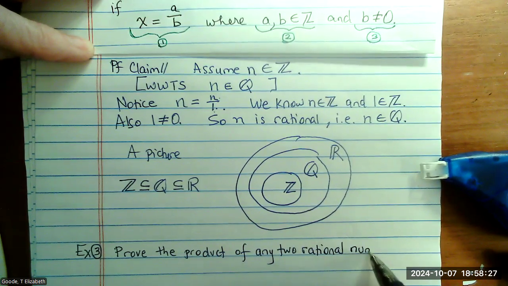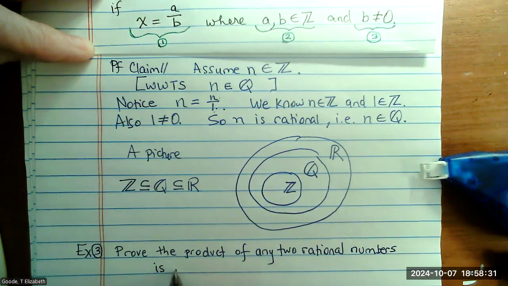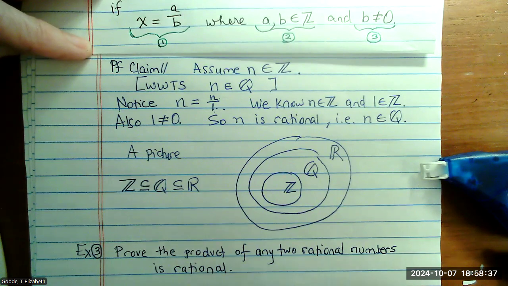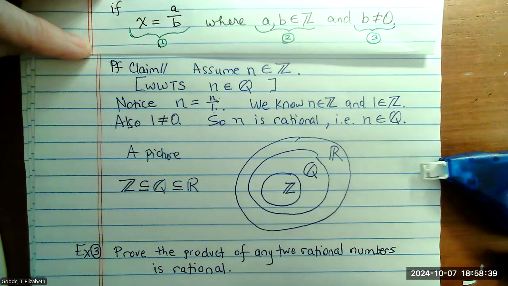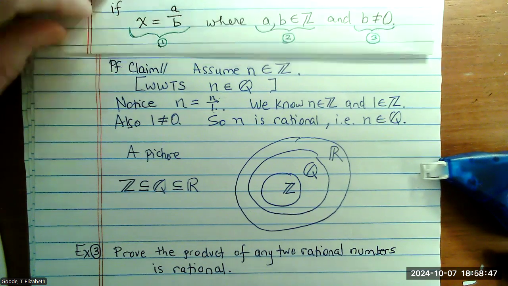This is sort of a classic. There are two classic proofs that we're going to do tonight. One is about the product of two rationals, and the other would be about the sum of two rationals. We'll do both of those tonight.